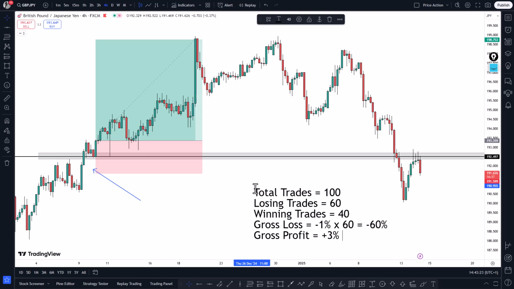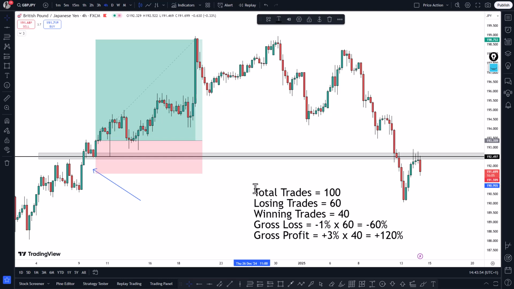When you lost a trade, you lost only 1%. But when you caught a winning trade, you made a profit of 3%. So each single winning trade brought you a profit of plus 3%. Now, when you multiply that plus 3% of profit, which each winning trade gave you, times the 40 winning trades you took, you end up with a profit of 120% of your account's capital.